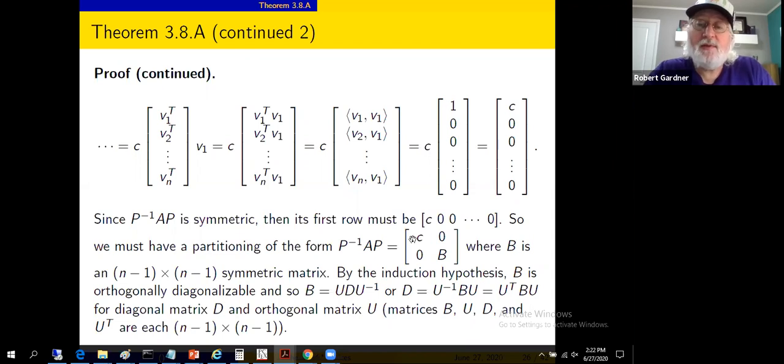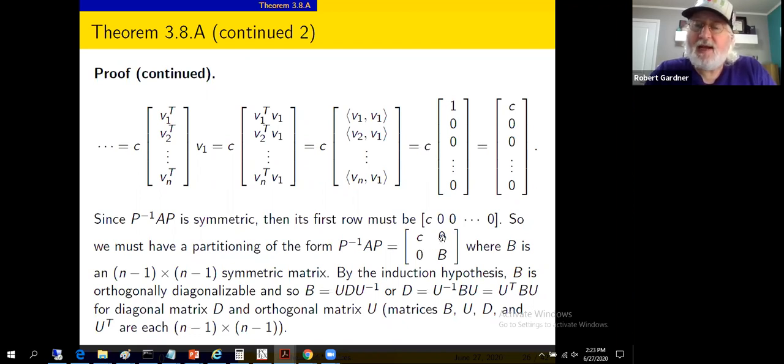We can put C, that eigenvalue that we started with, here. We get zeros for the remainder of the first row, and zeros for the remainder of the first column. So we're presenting it as a partitioned matrix.